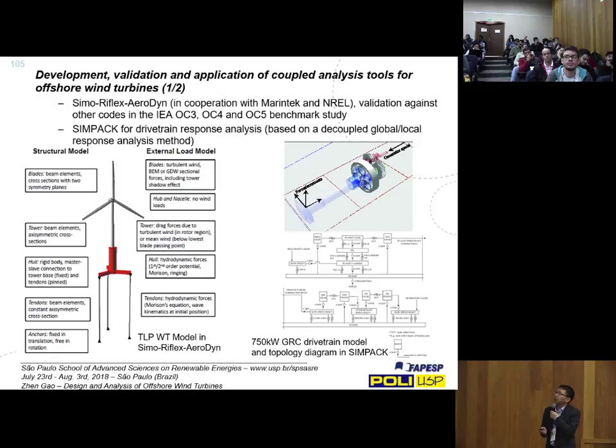Another part is that we also look at the drive train response, in particular the response in the gearbox, in the gear teeth, and how they increase, for example, if we place a wind turbine on a floater as compared to a bottom-fixed one. Usually we have to use a so-called decoupled global and local response analysis. We use, for example, blade element momentum theory and hydrodynamic analysis to get the loads in the low-speed shaft.